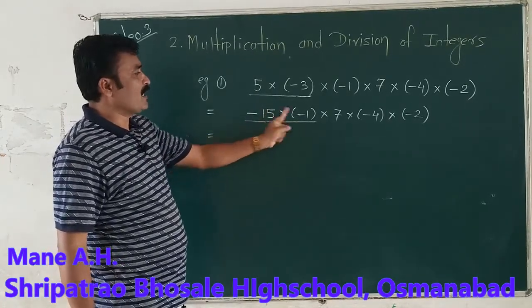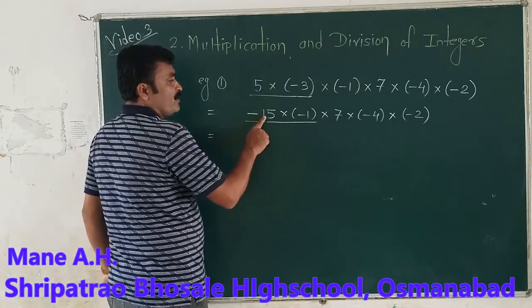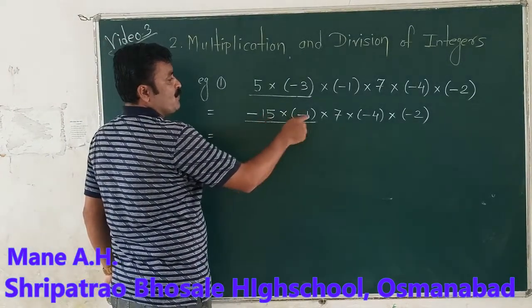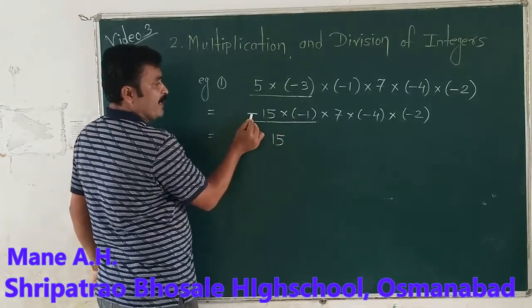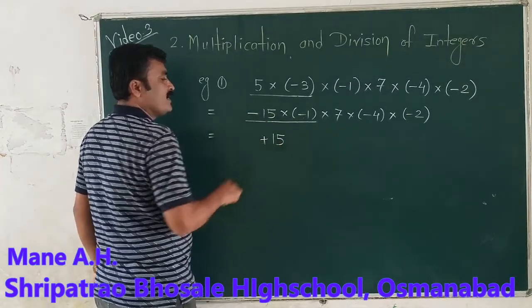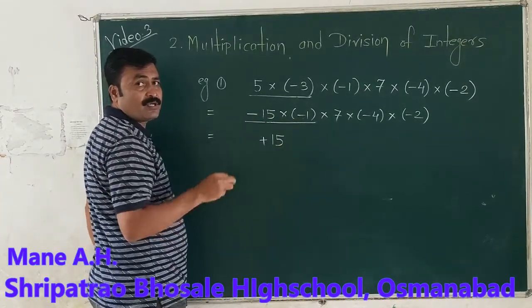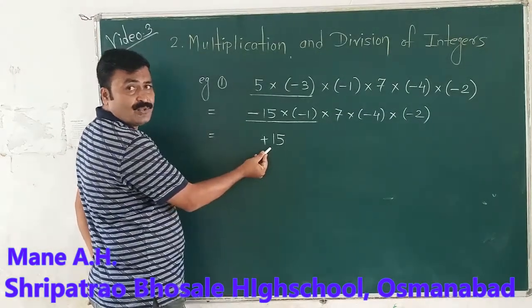Both are negative integers. Product of magnitudes: 15 ones are 15. Now for the signs, minus into minus always gets plus. The product of two negative integers is always a positive integer.